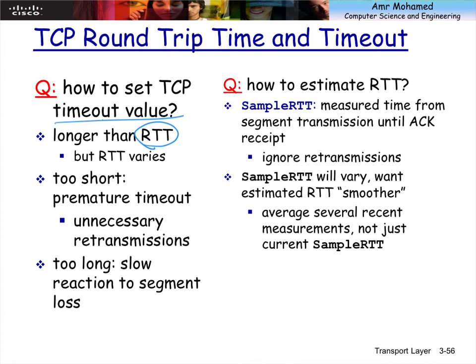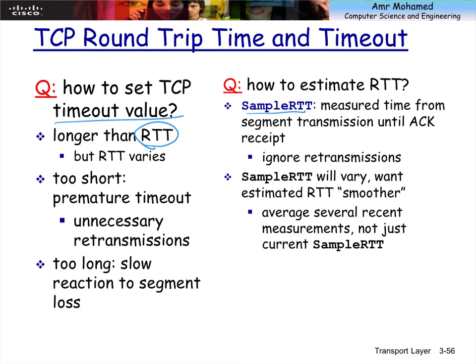I can estimate the round trip time, but this is a sample round trip time. Does that mean that this round trip time will remain like this? Of course not. But I can easily sample certain measurements of this round trip time. Do you agree? I can have many of these sample round trip times.